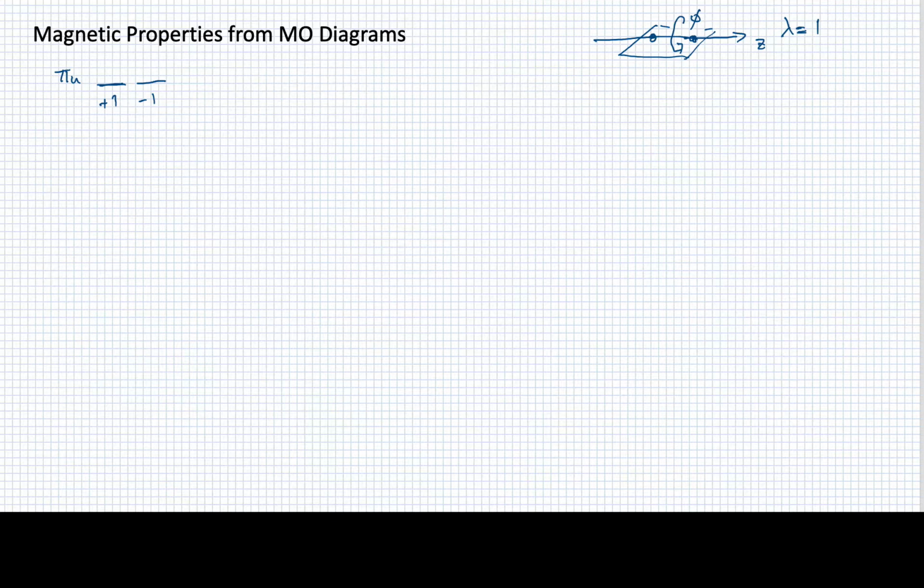I want to change that definition a little bit and reserve lambda for the absolute value of the number of nodal planes that might occur across that coordinate, and use another designation, we'll call it m sub lambda, that will be lambda with sign. So m sub lambda, when lambda is equal to 1, would be plus or minus 1.